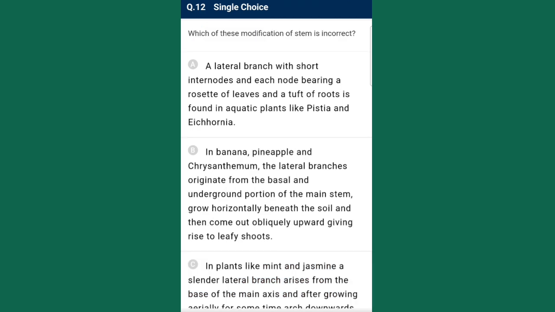Question number 12. Which of these modifications of stem is incorrect? Axillary buds of stems may also get modified into woody, straight and pointed thorns. Thorns are found in many plants such as citrus, bougainvillea. They protect plants from browsing animals.